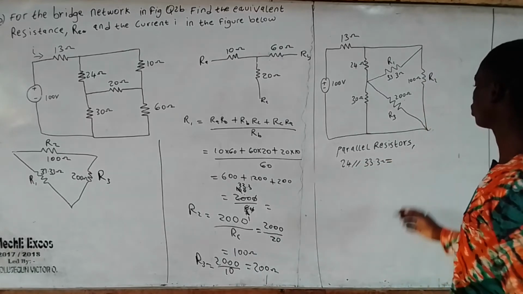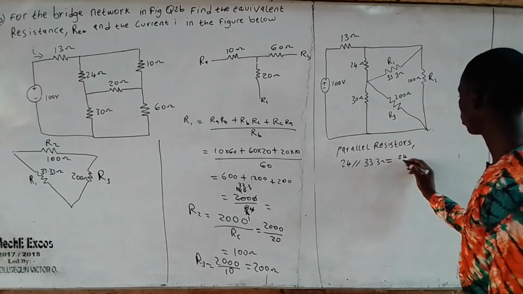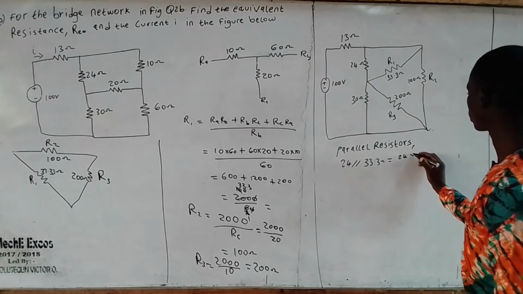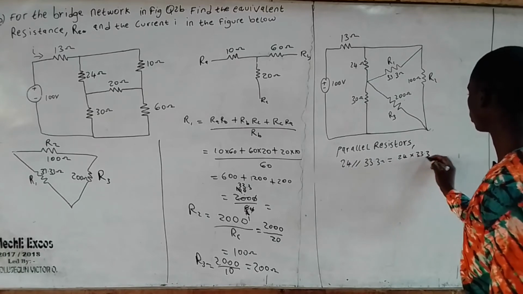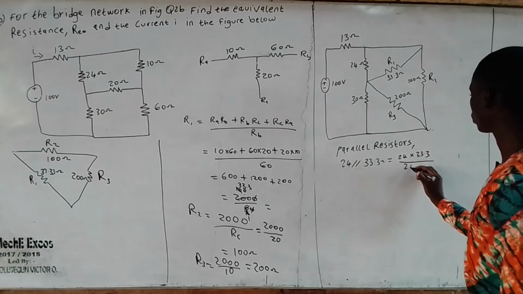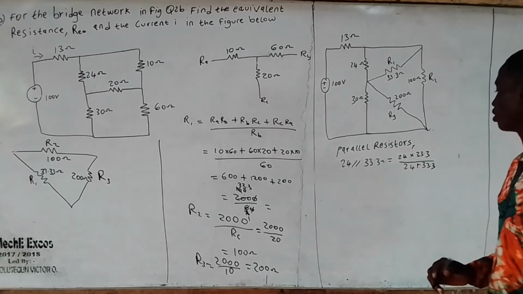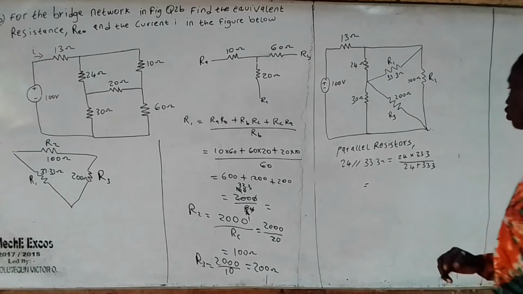That's going to be 24 times 33.3 divided by 24 plus 33.3. And that will give us, punch a calculator.